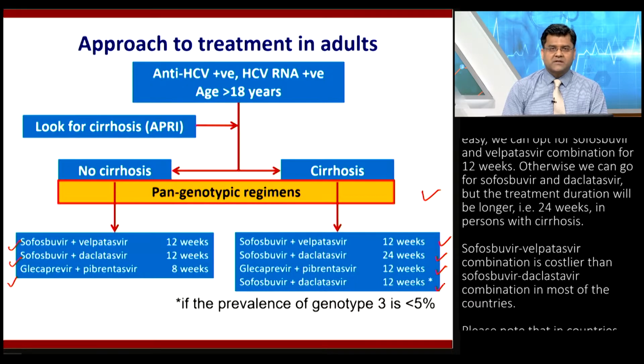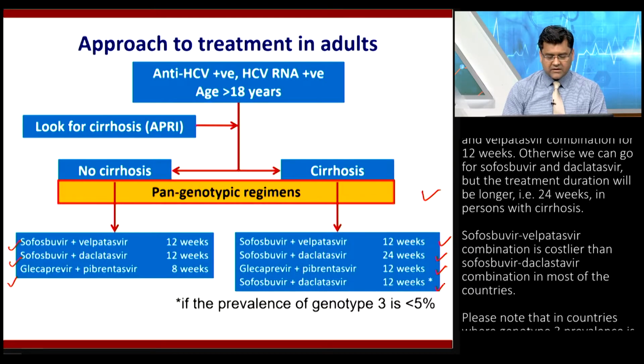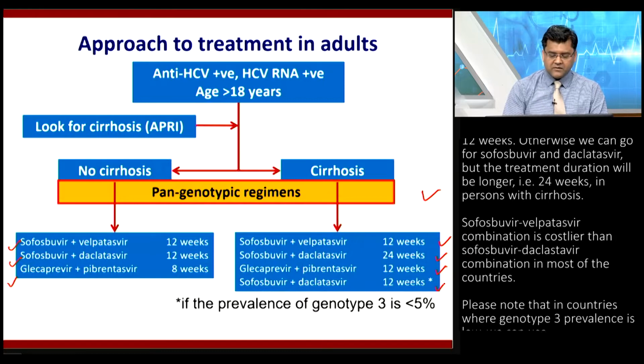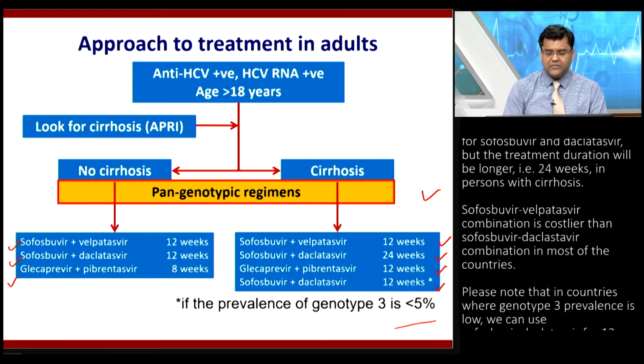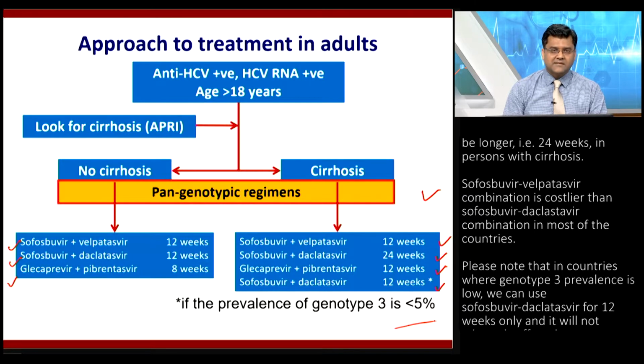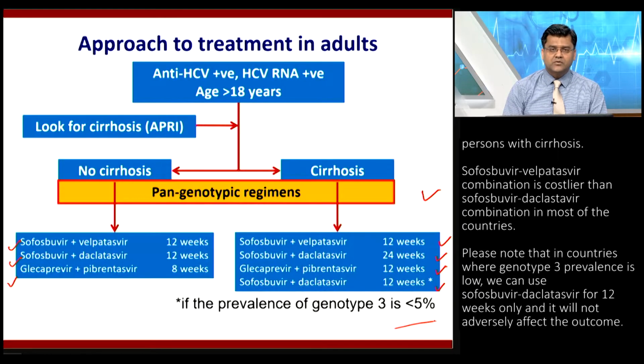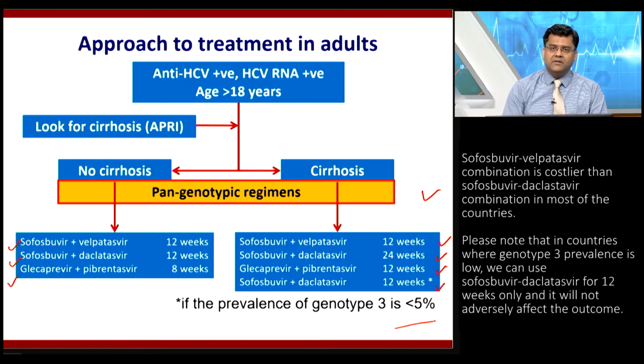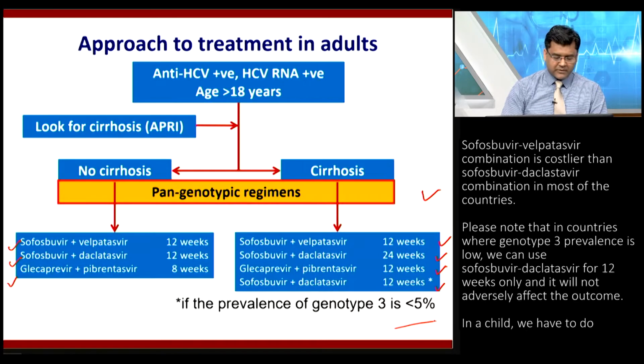The sofosbuvir-velpatasvir combination is costlier than the sofosbuvir-daclatasvir combination in most countries. Please note that in countries where genotype 3 prevalence is low, we can use sofosbuvir-daclatasvir for 12 weeks only, and it will not affect the outcome.